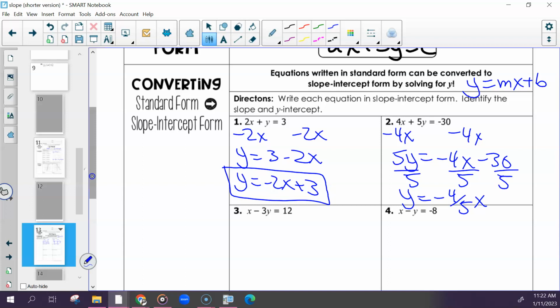And then what would our new y-intercept be? So y equals negative 4 over 5x minus 6 would be our final answer there. Questions so far?